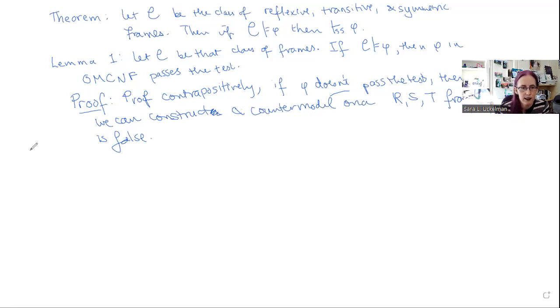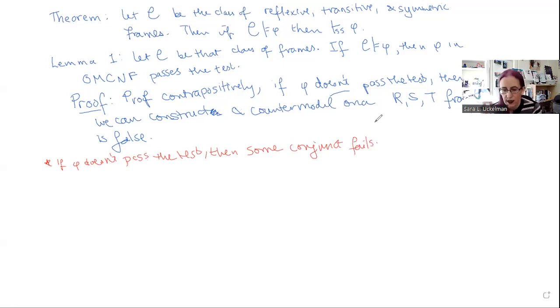Now, let's note something important. If phi doesn't pass the test, then some conjunct of it fails to pass the test. Now, if there's more than one, it doesn't matter. We just need to find the one.